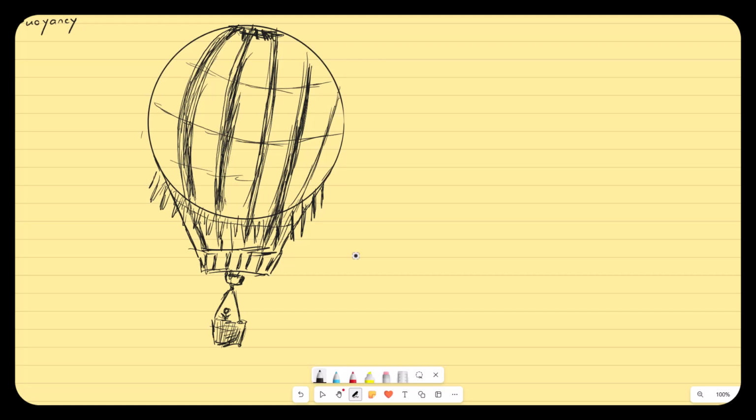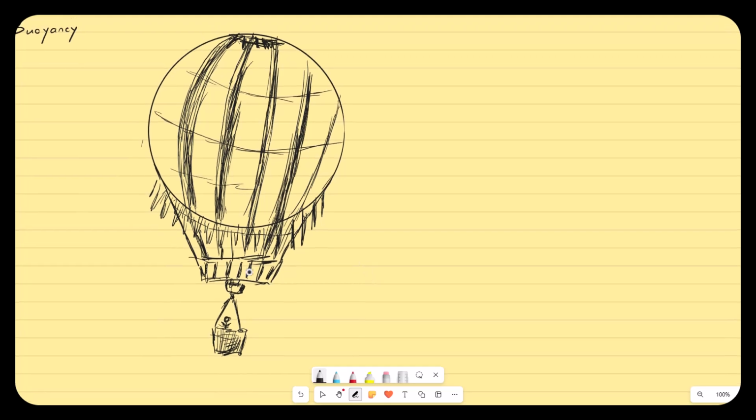So maybe we've got a hot air balloon. A hot air balloon works a certain way. First, we need a size. For a hot air balloon with an 8-meter radius, which is actually a pretty reasonable sized hot air balloon, so let's say 8.3 meters, is a good average size.